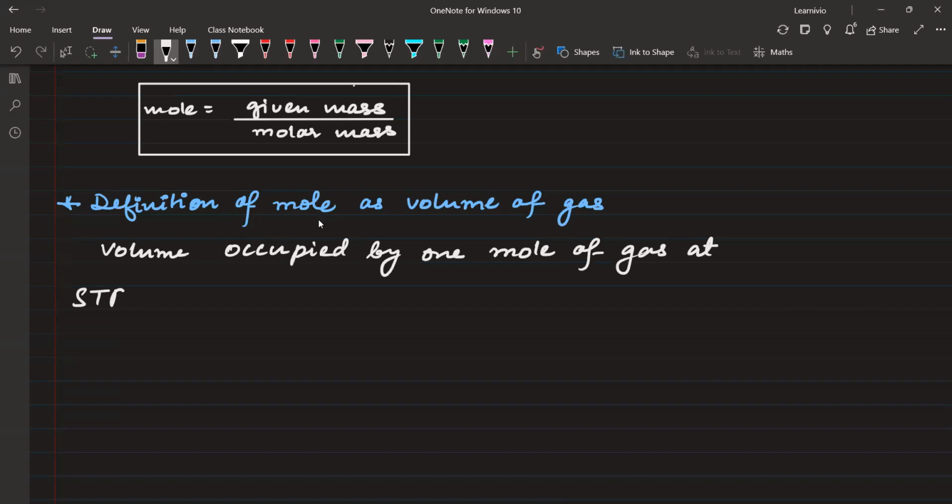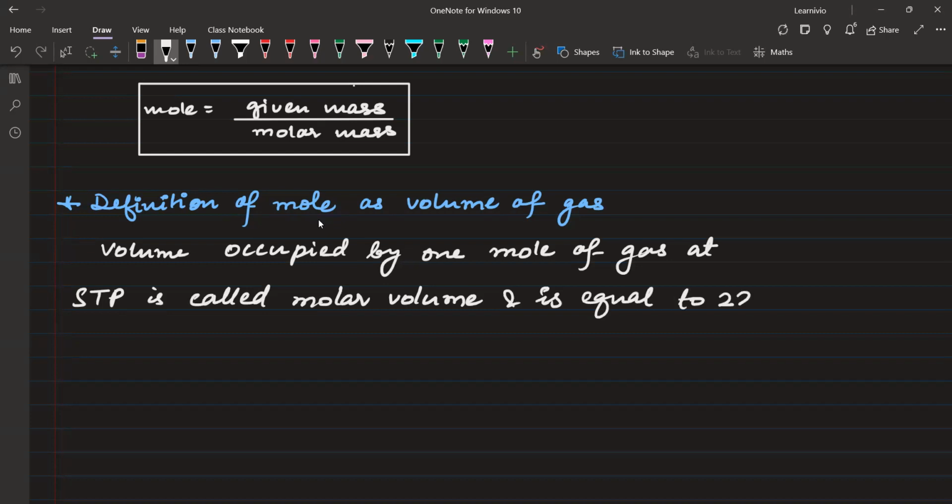Standard temperature and pressure. STP is called molar volume and is equal to 22.4 liters.